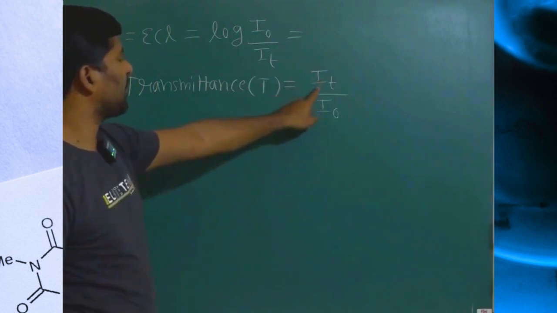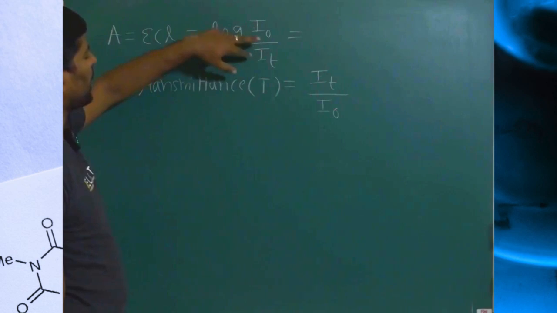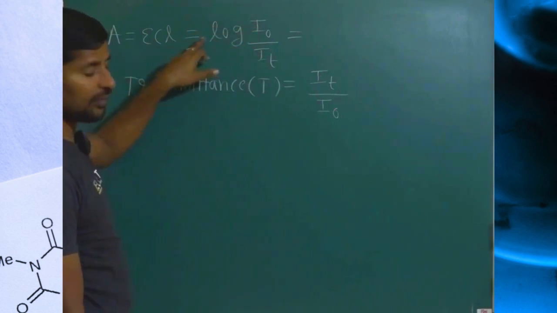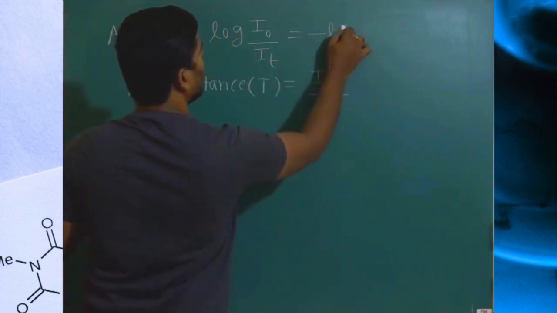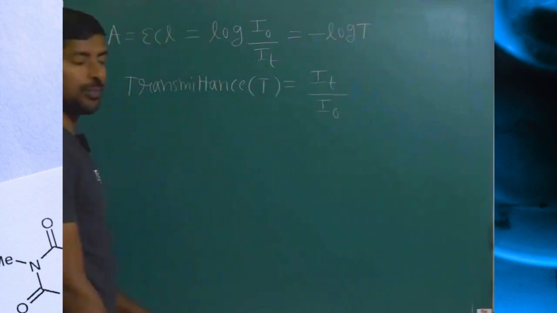So transmittance is IT by I0. Here we have I0 by IT, so if you write it as IT by I0, we get a minus sign: minus log IT by I0. IT by I0 is the transmittance, so another expression is minus log T.